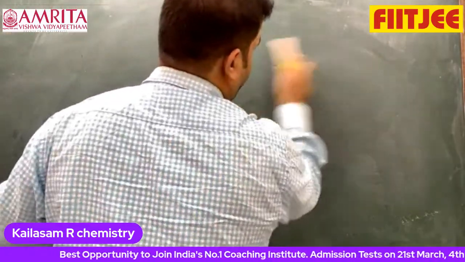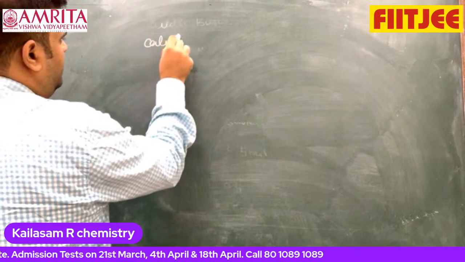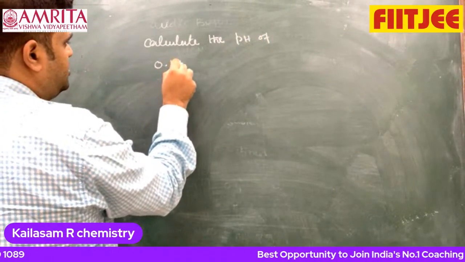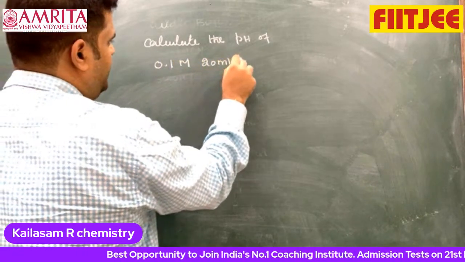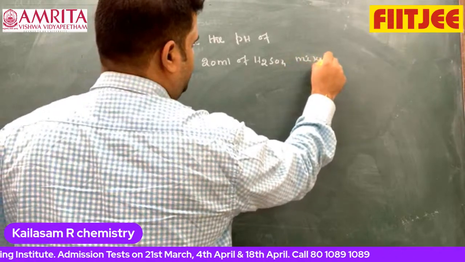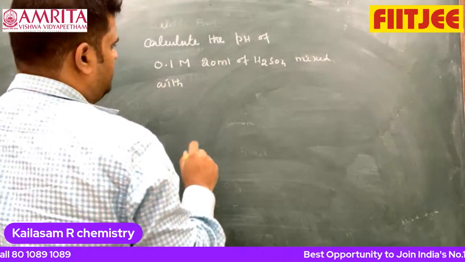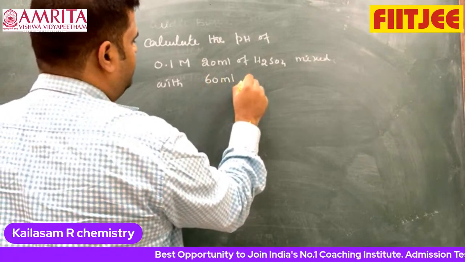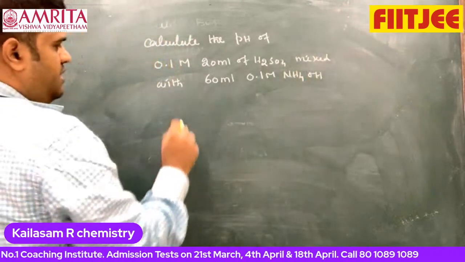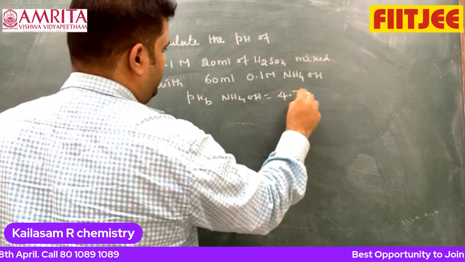Now, in the exam, what they will ask you is, they will give you: calculate the pH when 20 ml of 0.1 molar H2SO4 is mixed with 60 ml of 0.1 molar ammonium hydroxide, and the pKb of NH4OH is 4.74. This was the question.